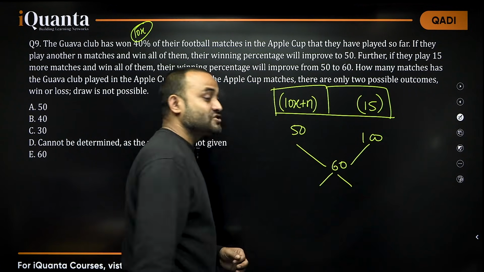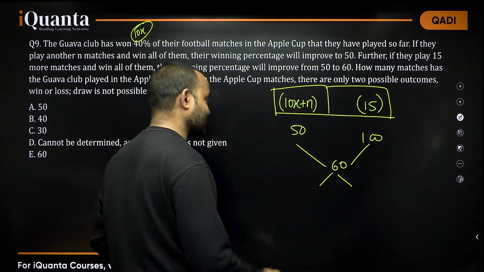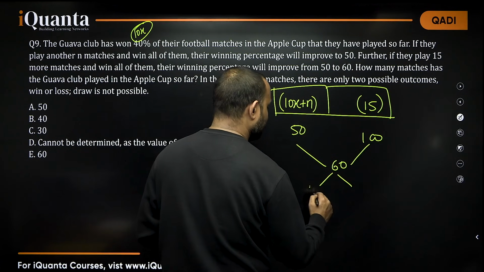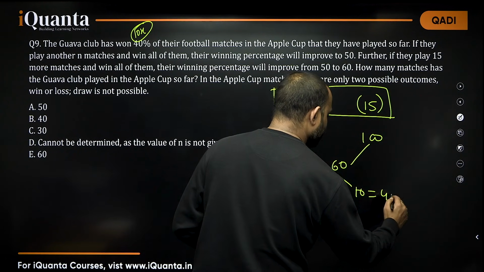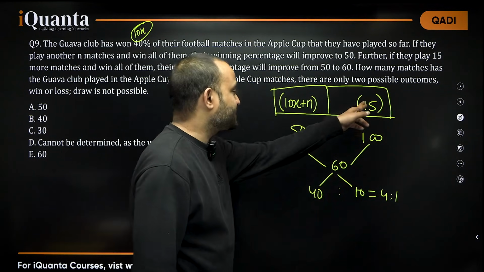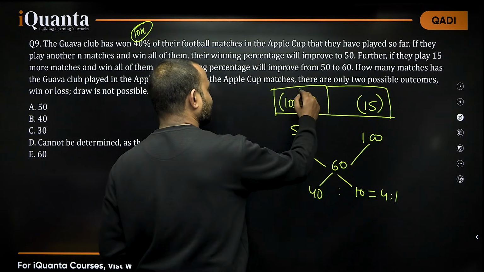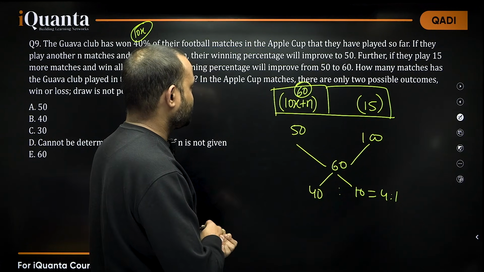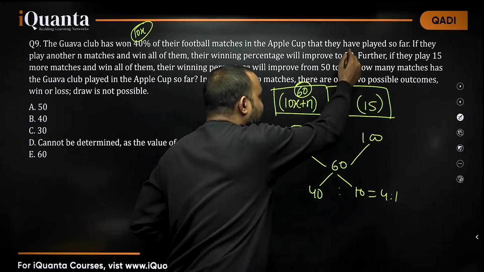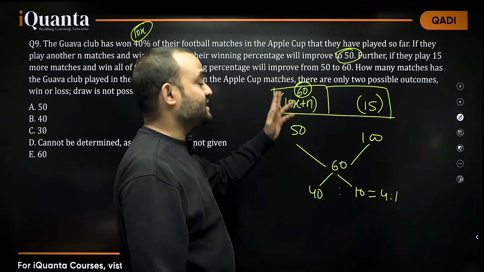If that is not alligation, then what is, right? So 100 minus 60 is 40, 60 minus 50 is 10. So they are in the ratio of 4:1. If this is 15, this is 60. So the total number of matches played at this point when the winning percentage is 50 is 60.